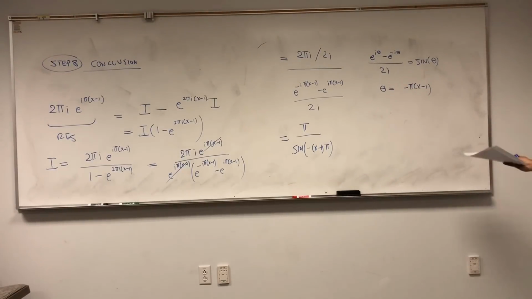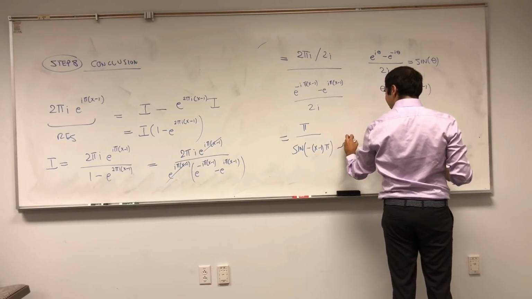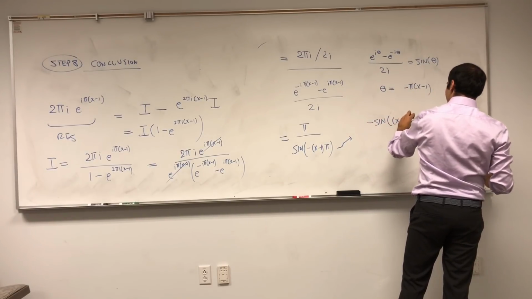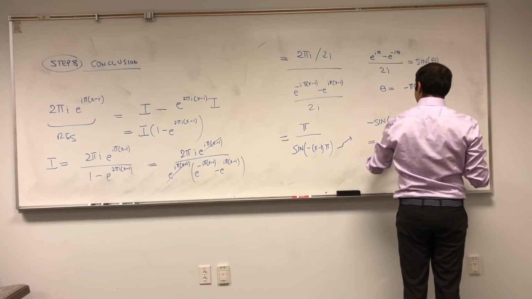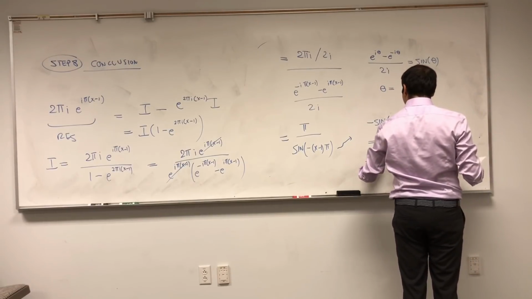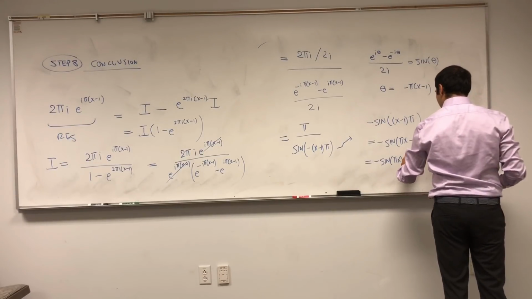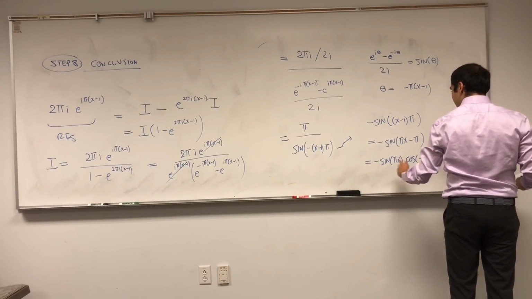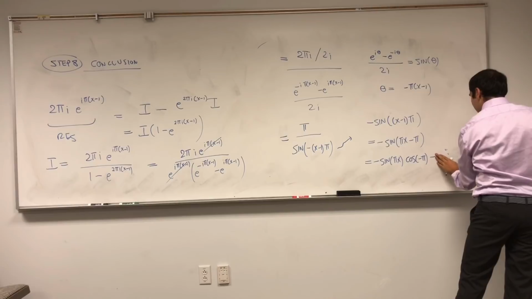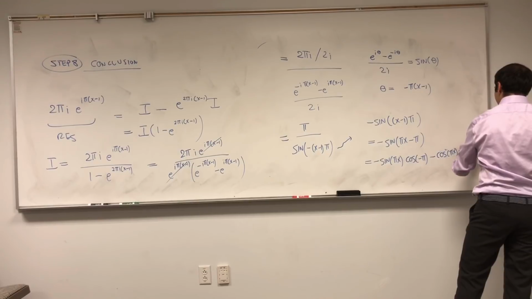And you might say, oh no, this is not quite our answer. Well, wait for it, because this equals minus sine of x minus 1 pi, and that's minus sine of pi x minus pi, and that's minus sine of pi x cosine of minus pi, plus, with the minus, minus cosine of pi x sine of minus pi.